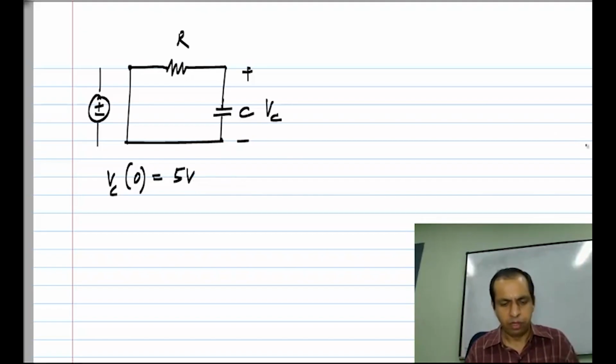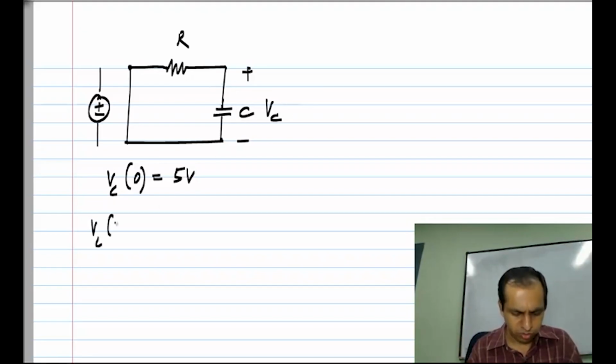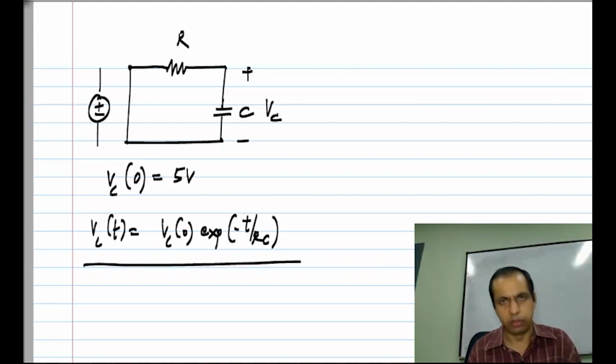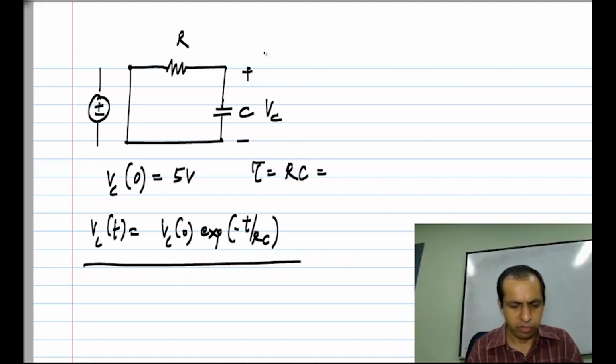Now we know that with 0 input, all the variables in the circuit, and in particular the capacitor voltage, follows this. And the time constant RC for this case is the product of R and C, and let's say R is 2 kilo ohms and C is 1 nanofarad.